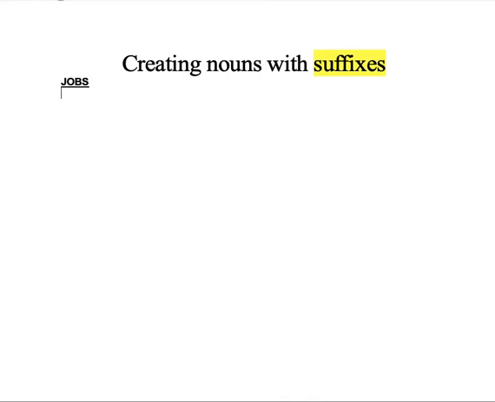Jobs, you have different suffixes for jobs, because for example, remember the example of painter, right? Now, what about an actor? What about, for example, journalist? Journalist is not. Let's say pianist.